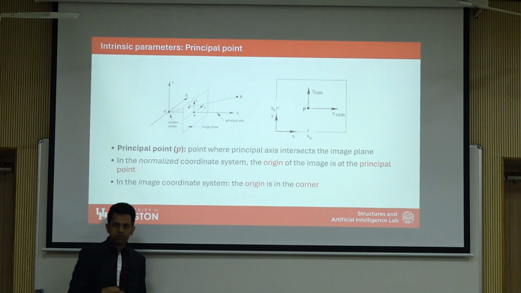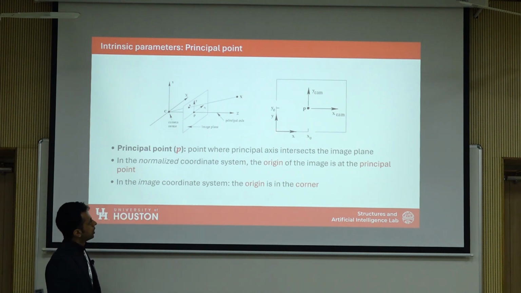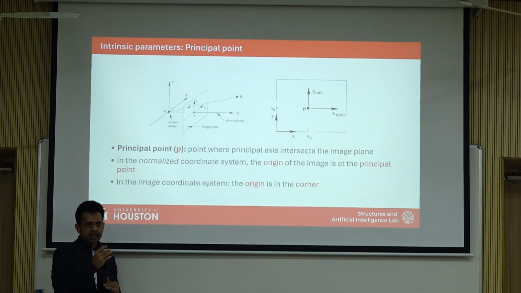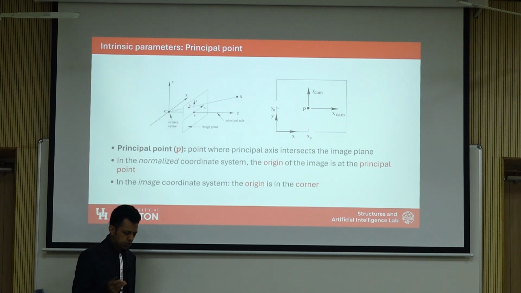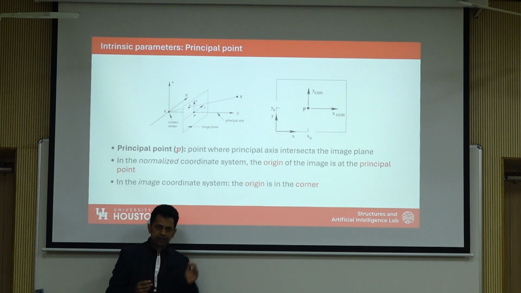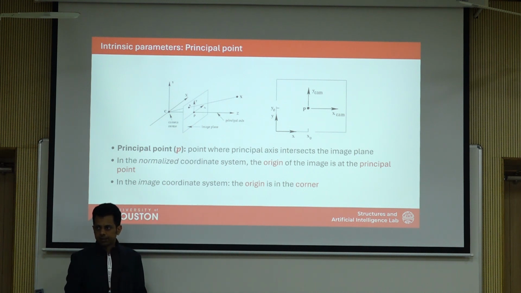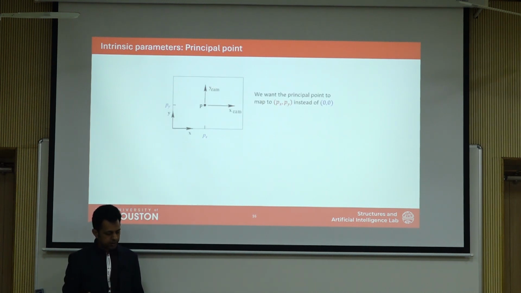Right? So x naught by 2 and y naught by 2. Or if the image width is x naught and the image height is y naught, then it will be x naught by 2, y naught by 2. If the center is x naught, then it's just x naught, y naught. So it's just half the width and half the height of the image. You just need to translate it by those coordinates.